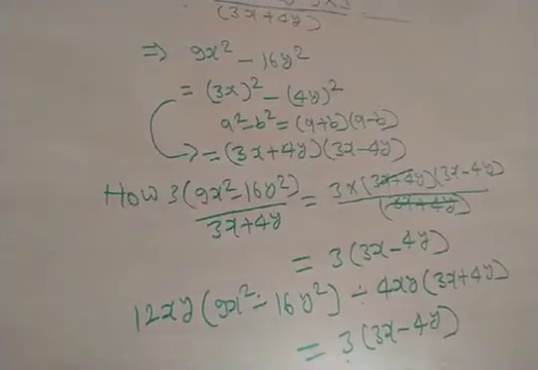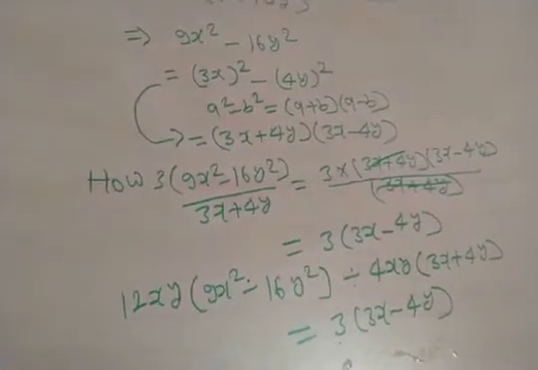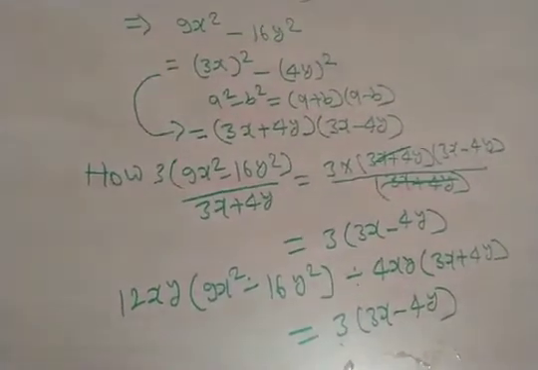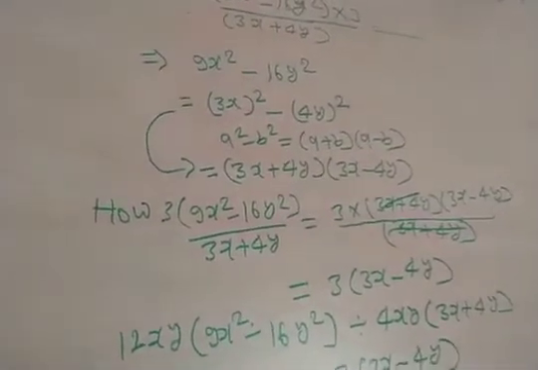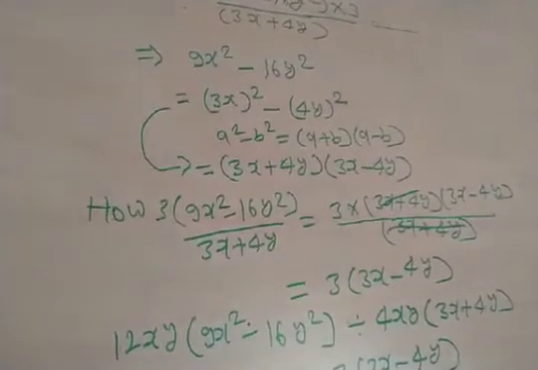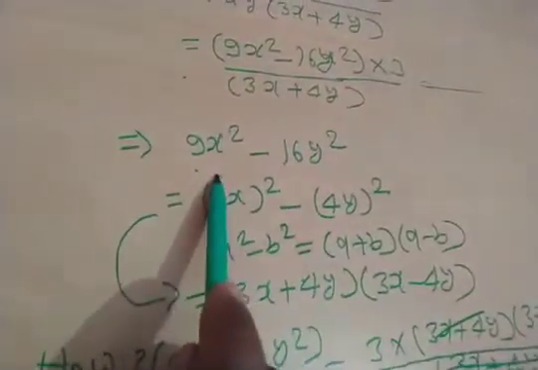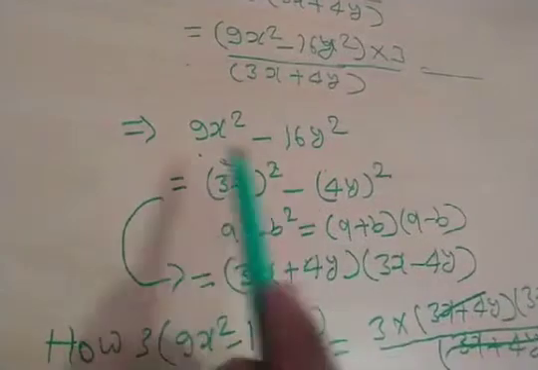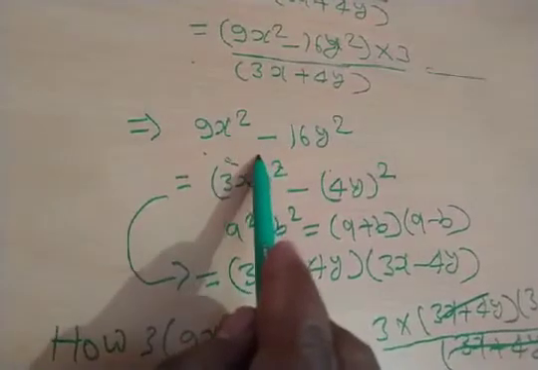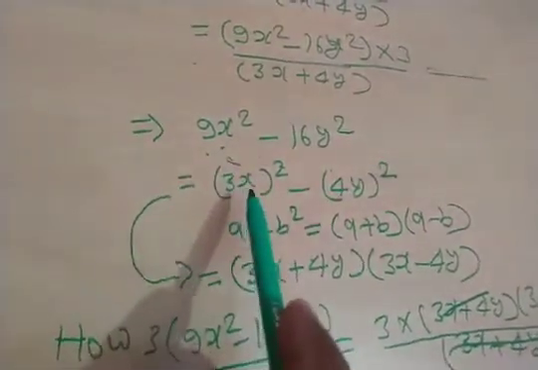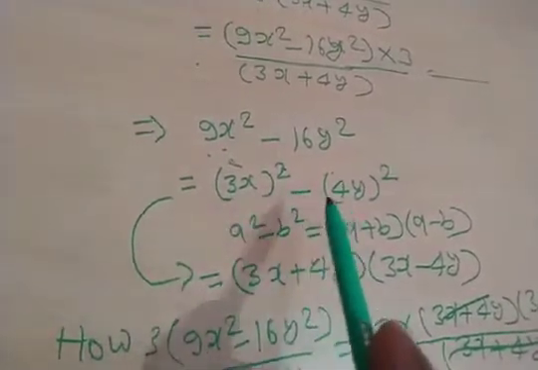Student, first we recognize which identity is used in the given expression. If the expression is given like the difference of 2 squares, then we use the identity a square minus b square is equal to a plus b into a minus b. Here you can see the expression 9x square minus 16y square. So first we convert it into the form of the difference of 2 squares, because here is minus and this is square. So we obtained the square of 3x minus the square of 4y.